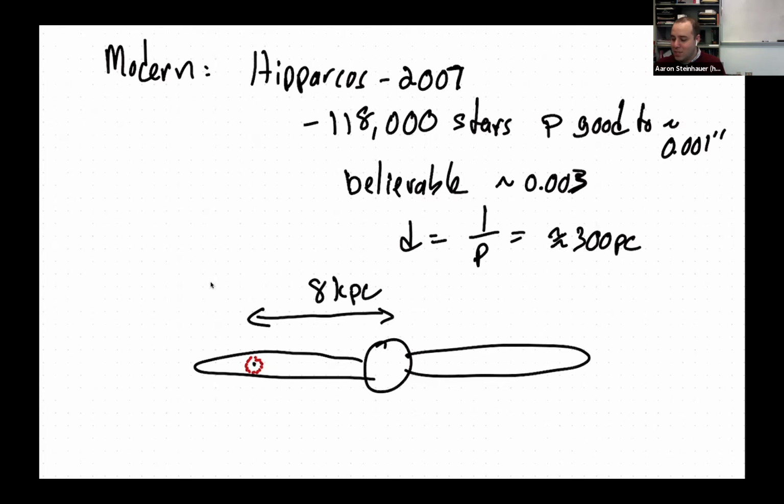So even at the edge of this disk, you're not really getting all that good at distances. That was way better than ever done before, but the room was there to significantly expand and make this better.